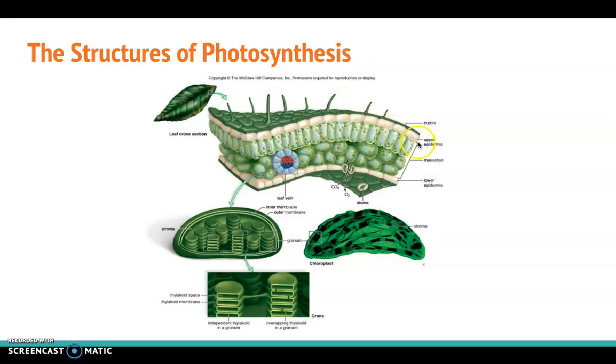So right here are these square-ish cells that we have here. We have the upper layer and the lower layer of the epidermis, and it's found just below the cuticle. Then we have the mesophyll, and there's two different types of mesophyll. So we have the spongy mesophyll, and then we have the palisade mesophyll cells up here.